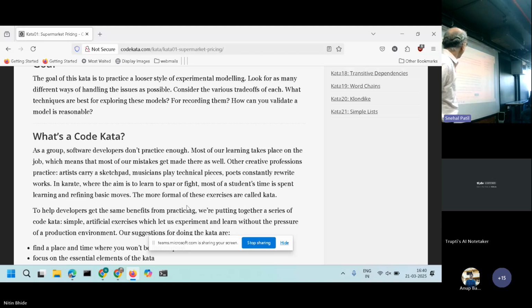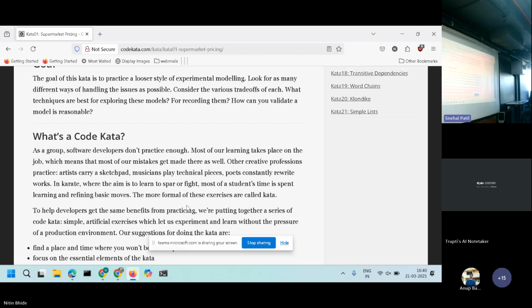But more importantly, how do we approach these problems? This kata is just one kind of problem. There are multiple types of kata, but how do we approach these kinds of problems? So what are the design principles we talked about? We started with fundamental design principles: fail fast, tell don't ask, design by contract, and minimize the impact of change. The most important criterion is minimizing the impact of change.